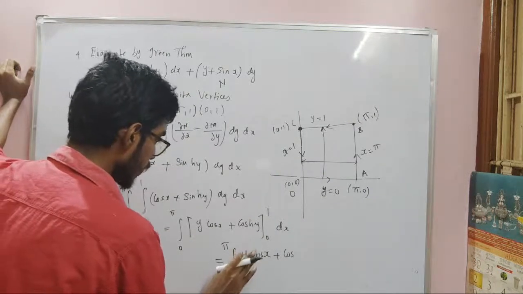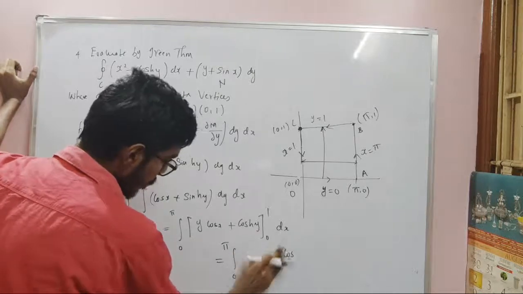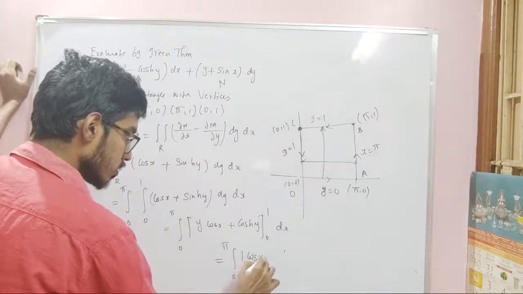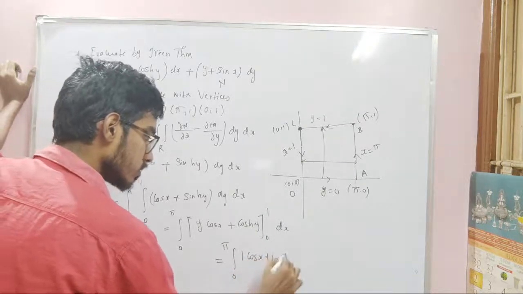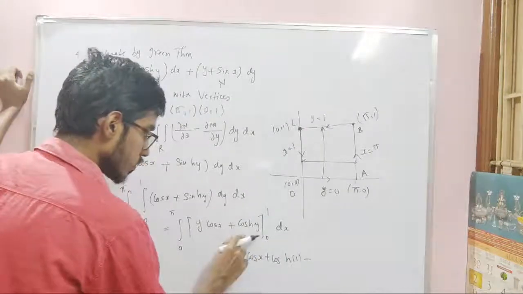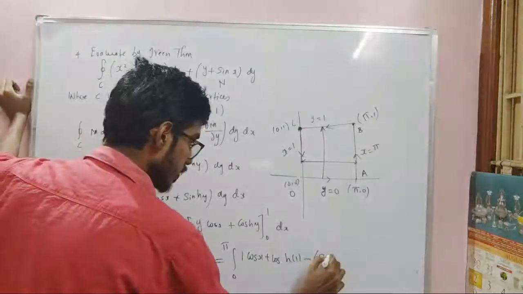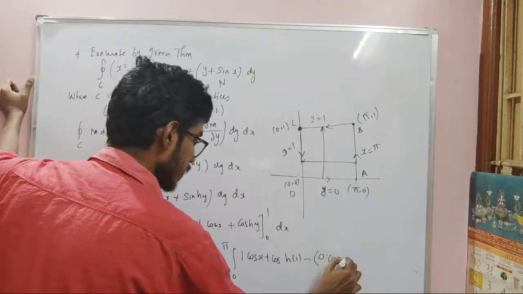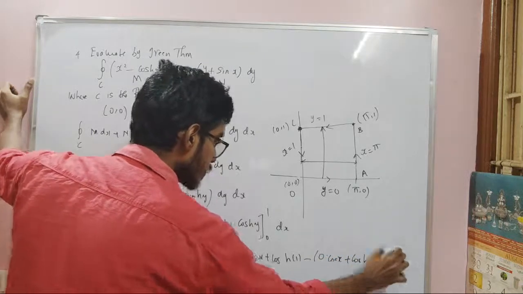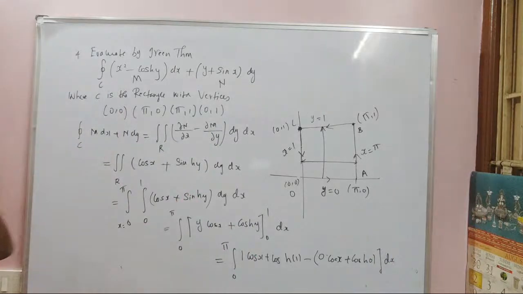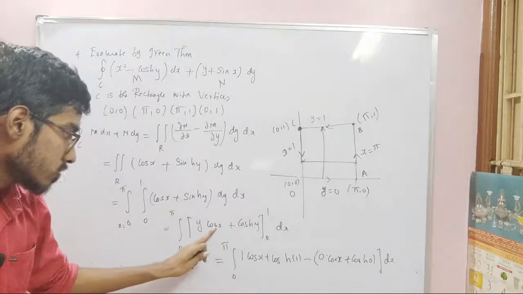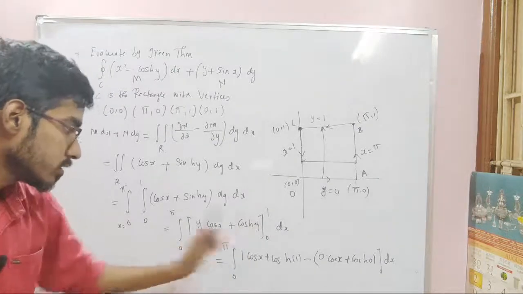The entire upper limit will be 1 times cos x plus cosh 1, minus the lower limit, 0 into cos x plus cosh 0, into dx. So we are only substituting for y: the upper limit is y equal to 1, cos x will be there, and the lower limit will be 0.